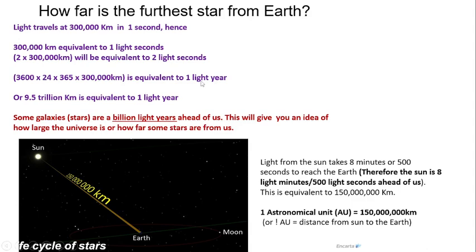For a light year, I have to multiply the 300,000 kilometers by the 365 days of the year, by 24 hours of a day, and 3,600 seconds of an hour to give me something close to 9.5 trillion kilometers. So 1 light year is equivalent to 9.5 trillion kilometers.